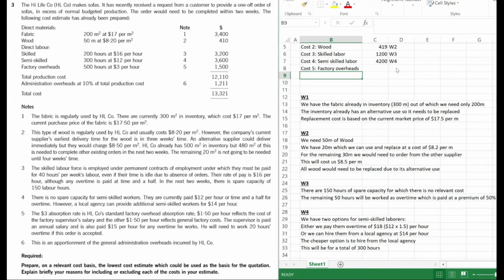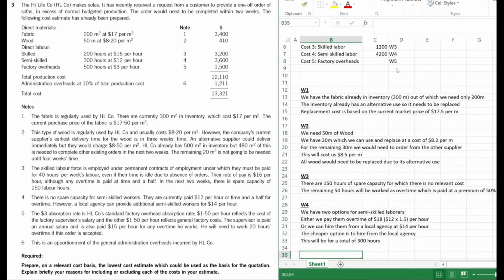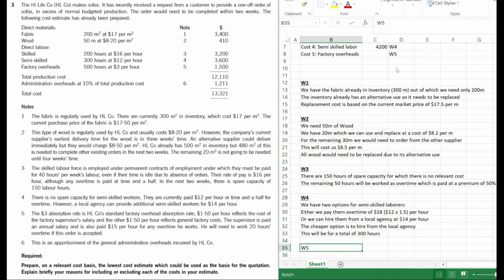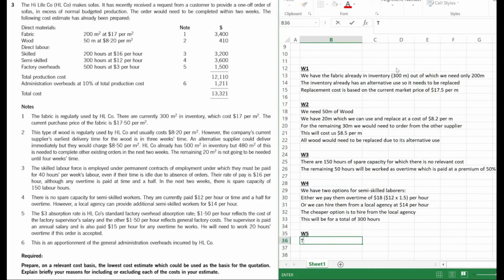So this is going to be working 5. Okay, once again, we just need to explain our logic for including or excluding any costs. Working 5. So we'll start by talking about the factory overheads. The factory overheads are not related to the project, or rather, a better word to use here is not incremental, right?